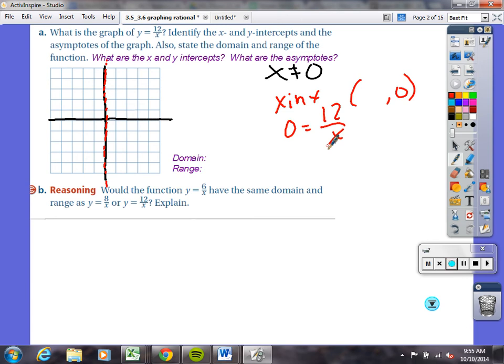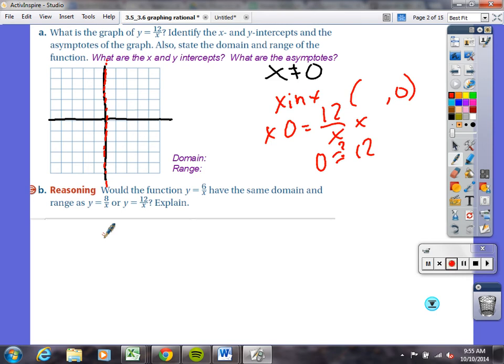Times the x over. Does 0 ever equal 12? So is there such thing as an x-intercept? Why is there no such thing as a y-intercept? Because I can't be here. So that is a vertical asymptote at x equals 0, and that's on my y-axis, right?